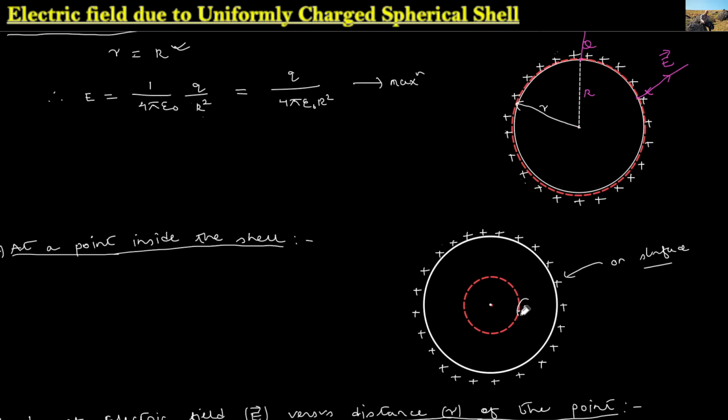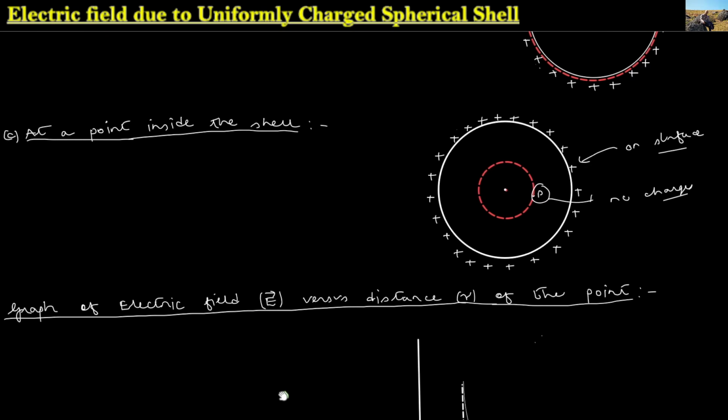While for this point Q, there are no charges inside. So for a point which is inside the shell, there will be no charges inside, under the condition that we have assumed that all these charges are residing on the outer surface.